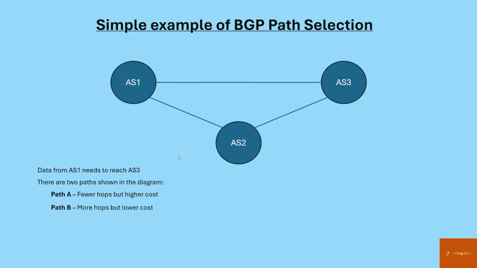Path B: more hops but lower cost. BGP in this case is going to choose path B based on network policies, and this is the critical point: network policies. This is just an example of how BGP could choose a particular path, but that is all going to be based on how you configure BGP. And we'll be going through all this as we work through the tutorial.